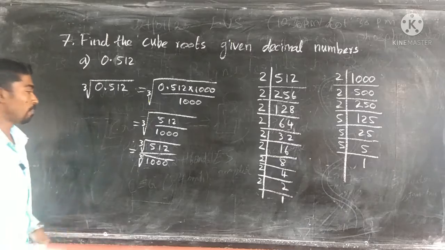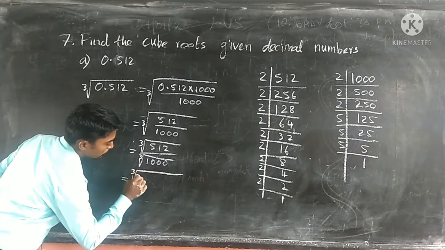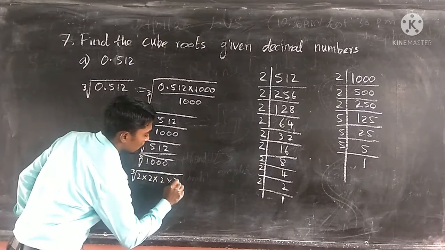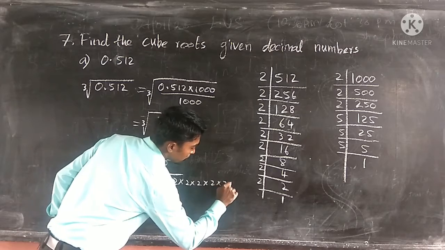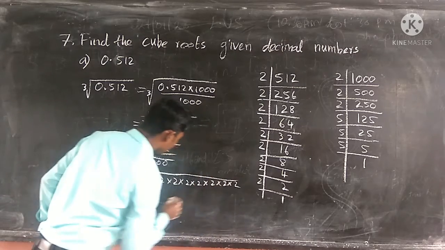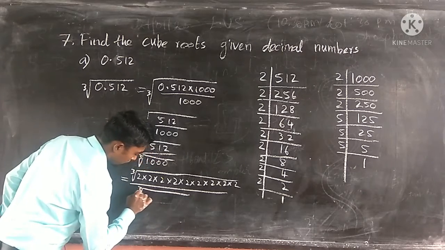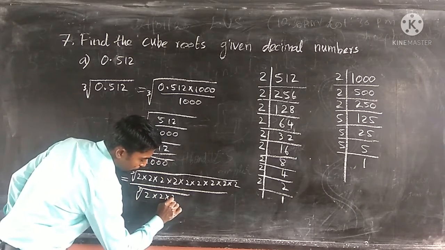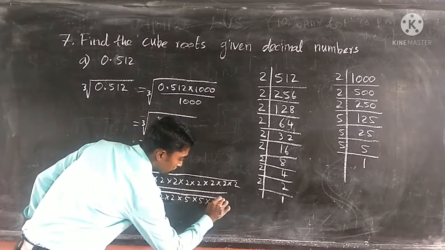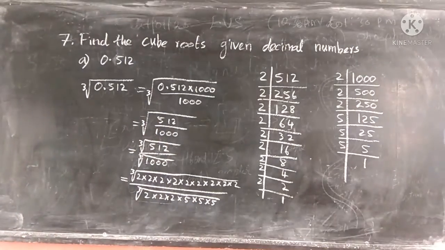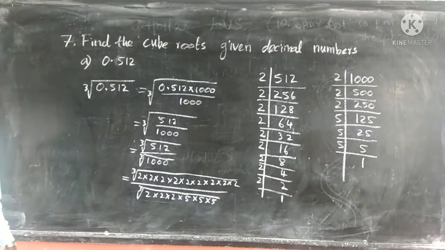Now we can write its factors. Cube root of 2 into 2 into 2 into 2 into 2 into 2 into 2 into 2 into 2 divided by cube root of 2 into 2 into 2 into 5 into 5 into 5. If you observe these factors, each factor appears in a group of 3.